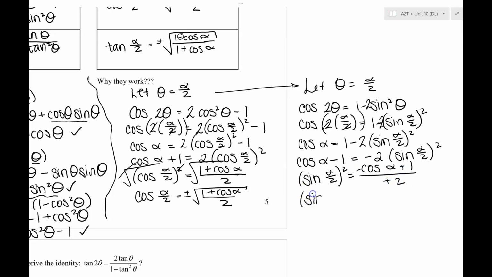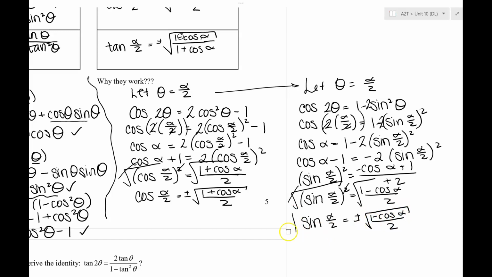So we have the quantity of sine alpha over 2 squared, which now becomes a positive 1 minus cosine alpha all over 2, and then take the square root. Those cancel, so we get sine alpha over 2, the half angle, equals plus and minus, and that, ladies and gentlemen, is why that one, oh, I don't need to box it, is minus subtraction.